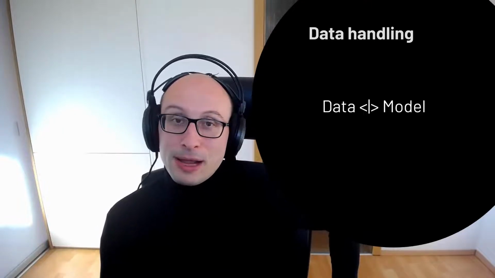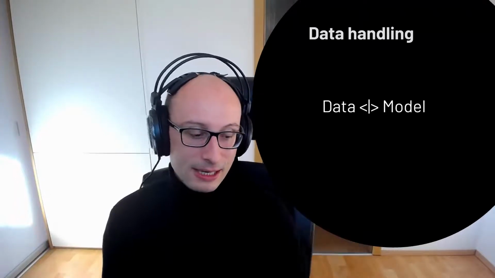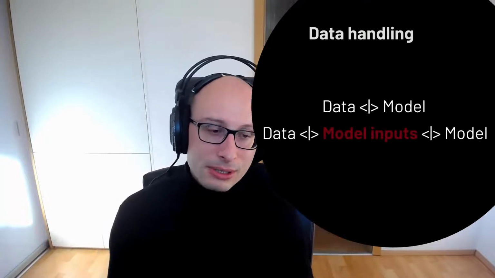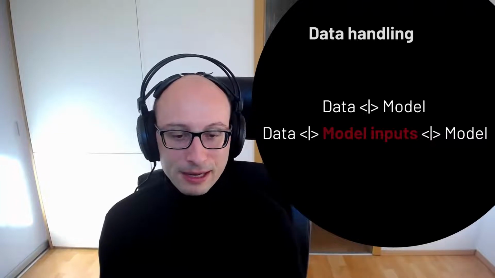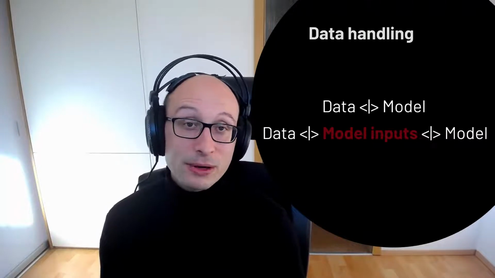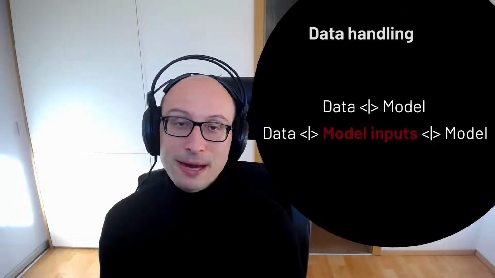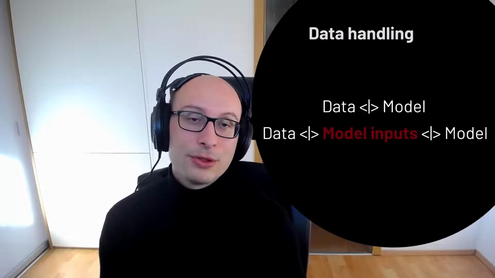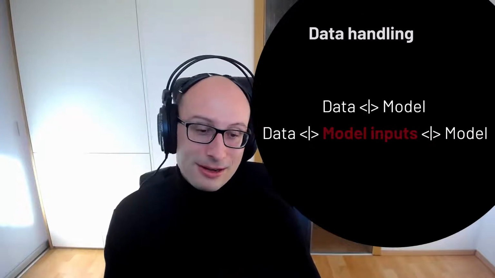But what I'm suggesting, and what I find extremely powerful in my daily work, is to put in another layer between data and model. Let's maybe call it the model input layer. So the philosophy is now that we have something between here that translates between the real data, which could be messy, it could change all the time, the structure might change, it might need some processing, it might need some translation, and the model, which needs nicely formatted, clean data that is well structured.